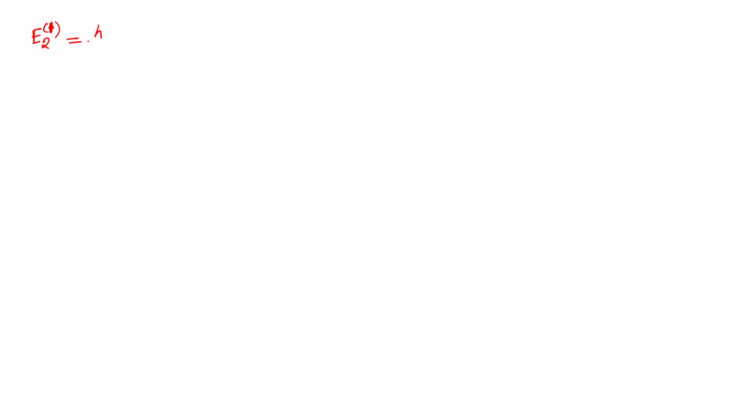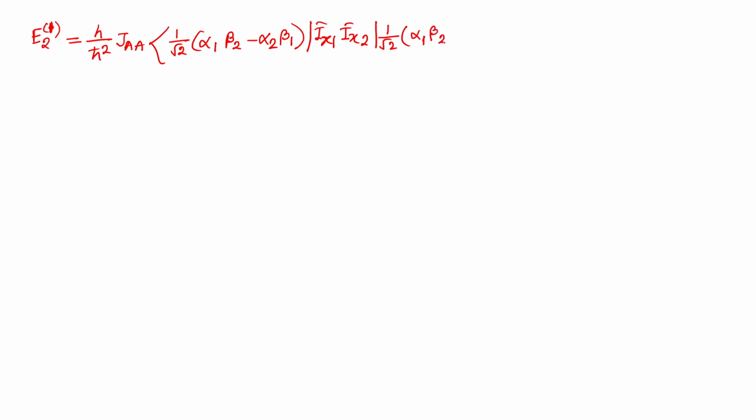So it is h by h cut square J_A is 1 by root 2 alpha 1 beta 2 minus alpha 2 beta 1. Then it is I_x1 I_x2 operate on 1 by root 2 alpha 1 beta 2 minus alpha 2 beta 1.